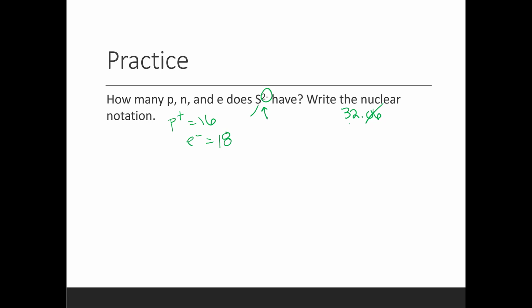So if the mass number is 32, to figure out the number of neutrons, we take 32 minus the number of protons, which is 16, and we get 16 neutrons. So then if I wrote the nuclear notation, it would be sulfur, 32 is the mass number, 16 is the atomic number, and I have a charge this time. So there is my nuclear or isotope notation.